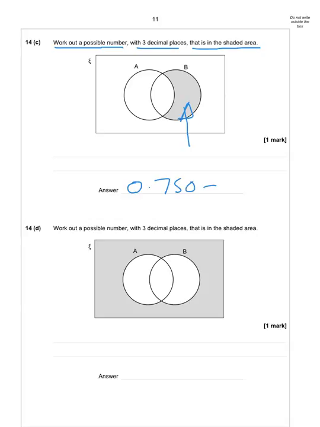0.750 all the way up to and including 0.754. Right, what is left out on the outside?